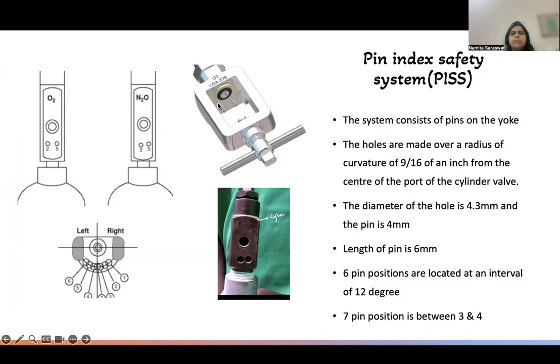The diameter of the pin is around 4 millimeter and the diameter of the hole is 4.3 millimeter. The length of the pin is 6 millimeter. Six pin positions are located at intervals of 12 degrees and the seventh pin is located between the 3 and 4. Here you can see between the 3 and 4.